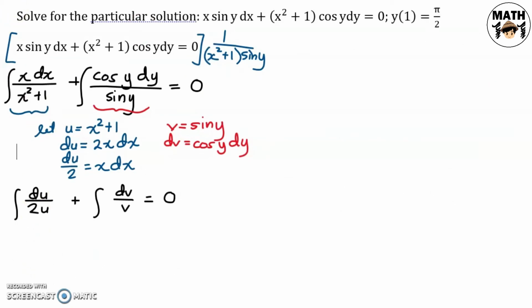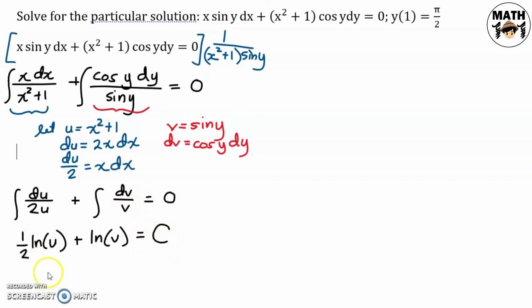Kung mapapansin niyo sa solution natin, lagi tayong nagmo-modify ng c instead na isinusulat lang natin siya as a constant c. So, try natin dito na isulat lang natin yung constant as c nang wala tayong gagawing modification sa kanya. So, solving this, nakuha na natin kanina as 1/2 ln of u plus ln of v equals c.